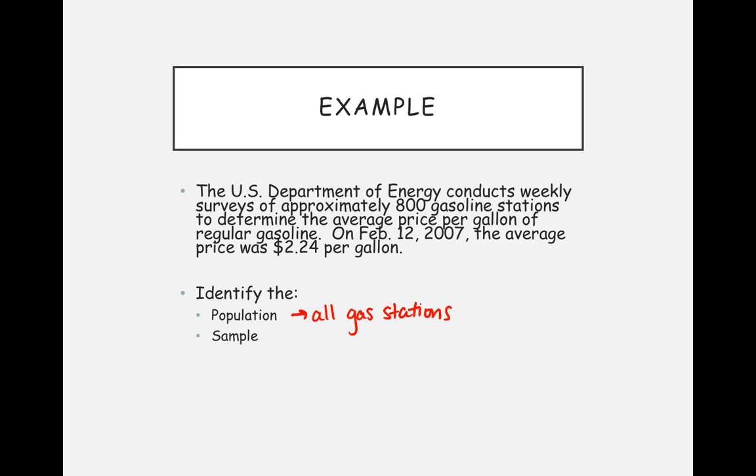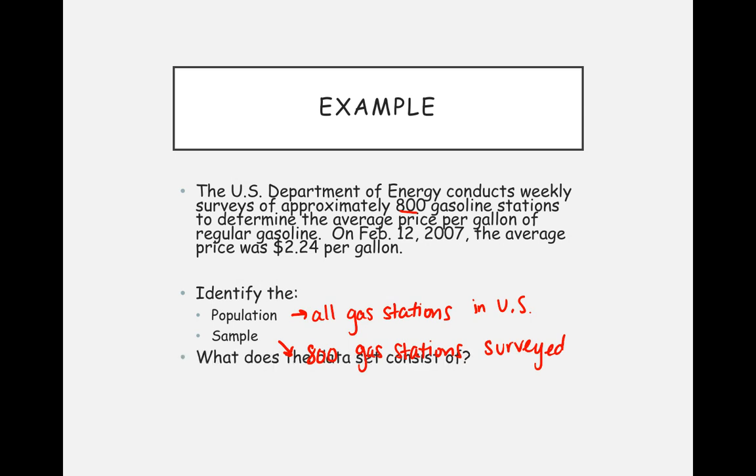We don't know how many there are. We just know that it's all gas stations, probably in the US. And then our sample would be the 800 gas stations that they surveyed. So a subset of all gas stations.